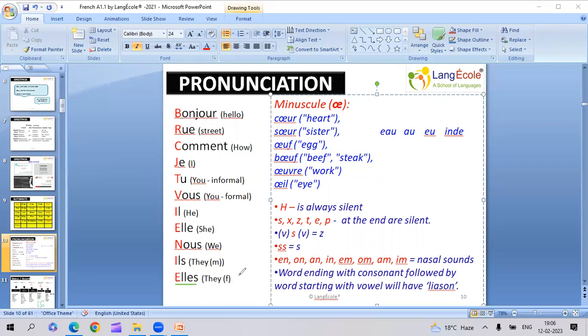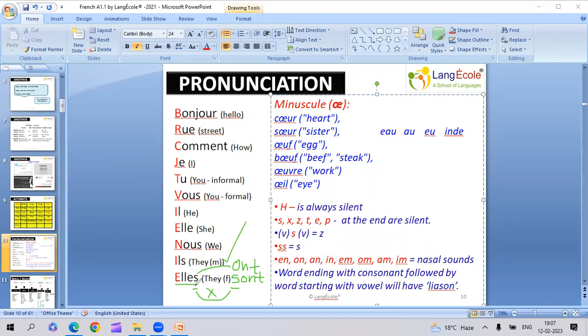So here it is a consonant and here it is a consonant. Tell me, will there be a liaison formed here? No. Very good. And if we put E-S-T-O-N-T instead of S-O-N-T, will there be a liaison formed here? Yes. Very good. So there will be a liaison formed here.